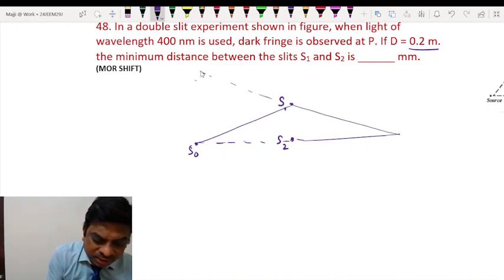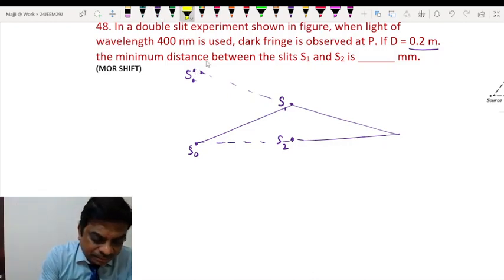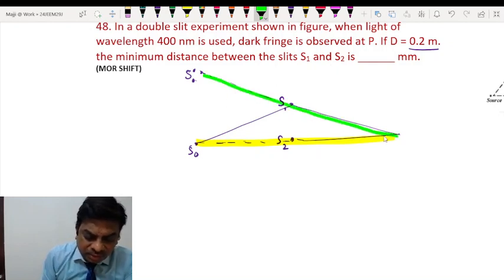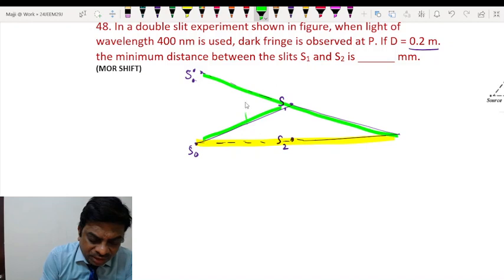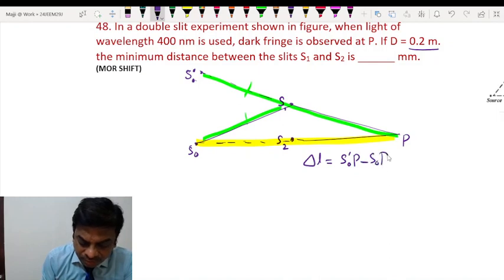So you can take its image here. So image of source S0 is S0 dash. So in other words, we will see like this. One light ray is coming this way and the other light ray is coming this way. So you just have to find the path difference, because these two are same. This and this is same. So the path difference will be S0 dash P minus S0 P. This is the path difference.